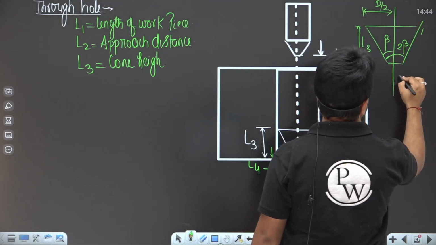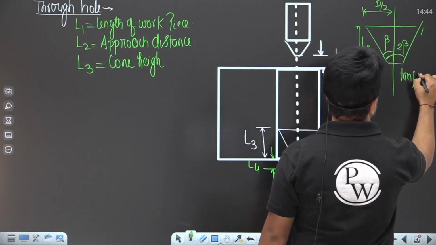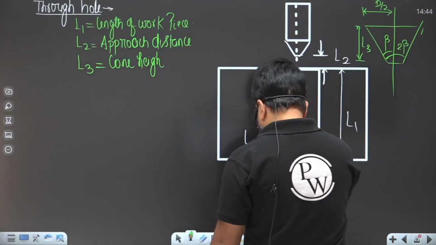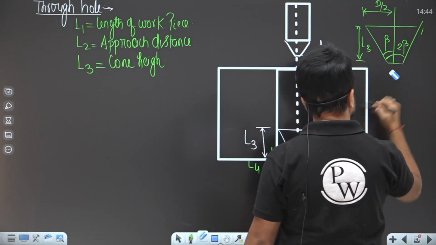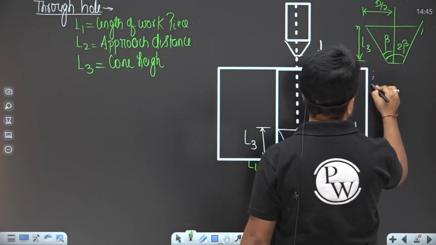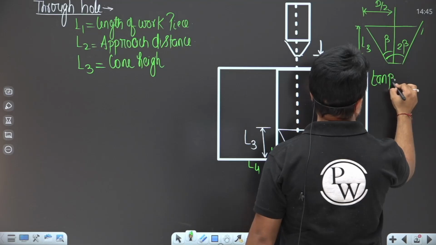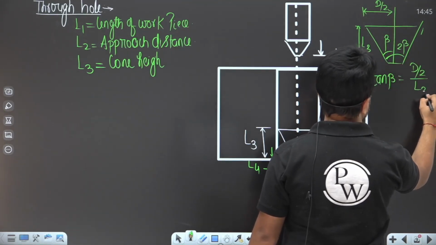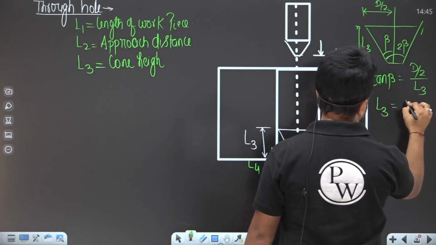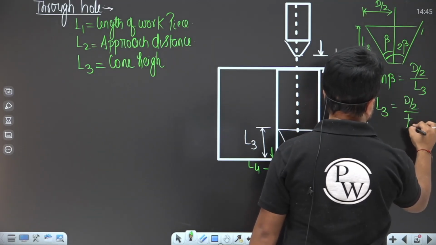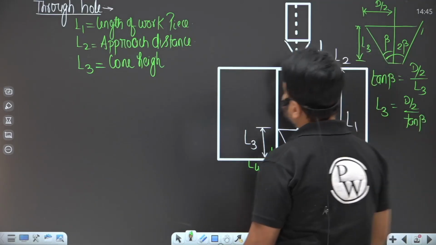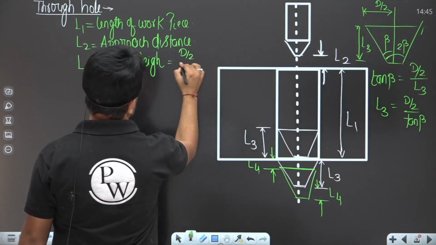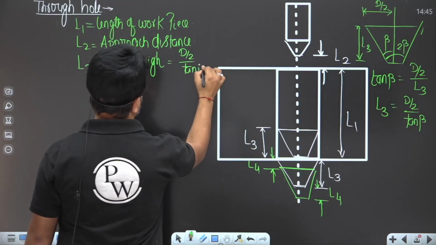So tan beta equals D by 2 divided by L3. So L3 equals D by 2 divided by tan beta.